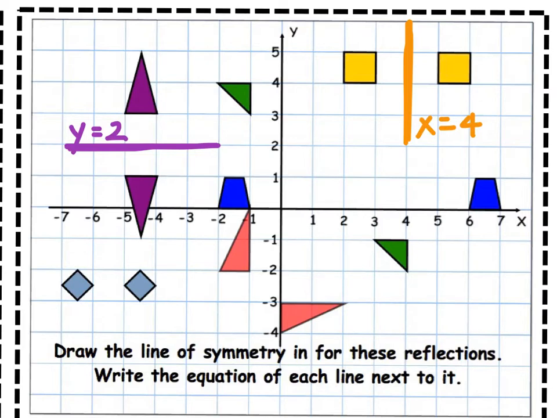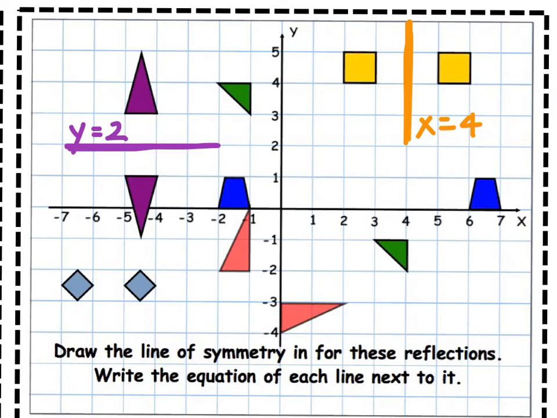Now, next set that we're going to do, we'll do the blue trapezoids that we have here, which are these 2 figures right here. And for this one, I'll probably have to count because the figures are a little bit further apart than the other sets. So if I count, starting over here at the left one, they are 1, 2, 3, 4, 5, 6, 7 units apart. So halfway, if I'm talking about 7 units, would be 3.5 units.